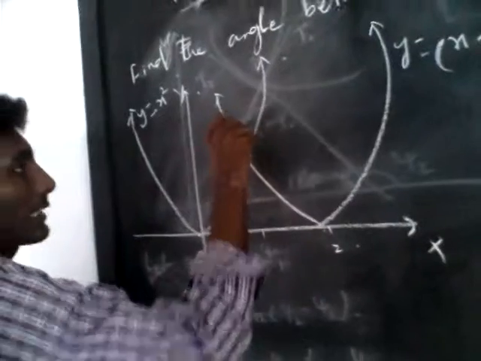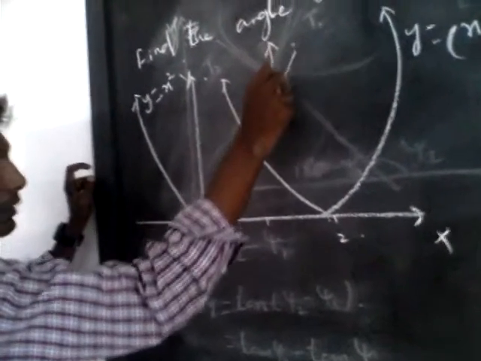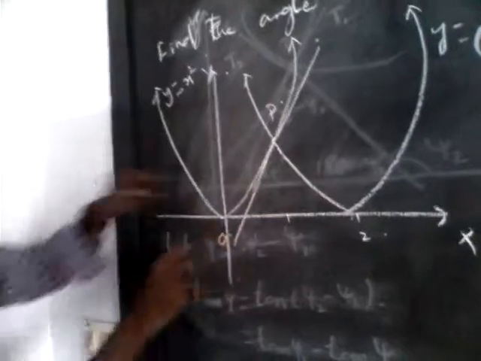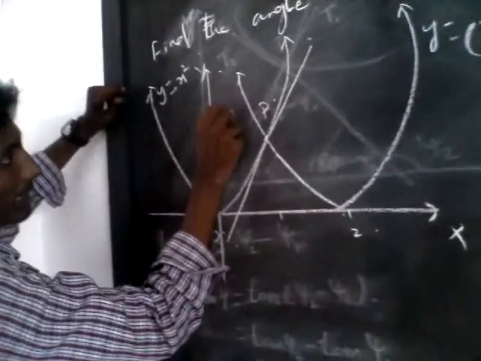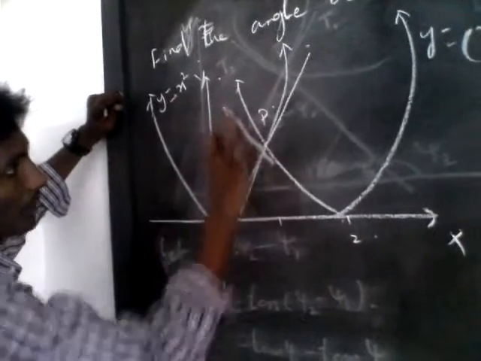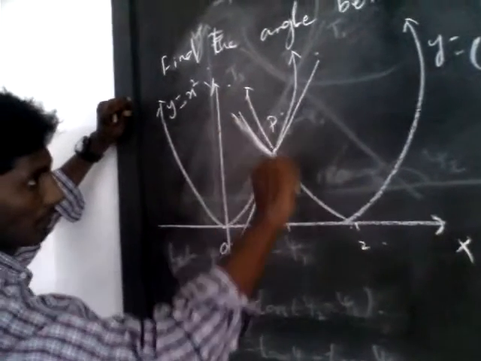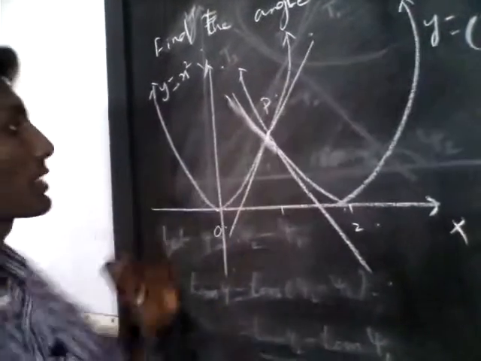Let the intersecting point be P. Now draw a tangent to the curve y is equal to x square. This is the tangent to the curve y is equal to x square, and this is the tangent to the curve y is equal to x minus 2 the whole square.